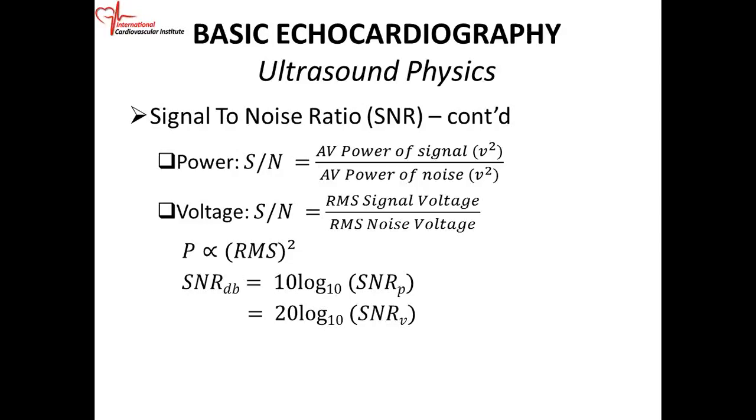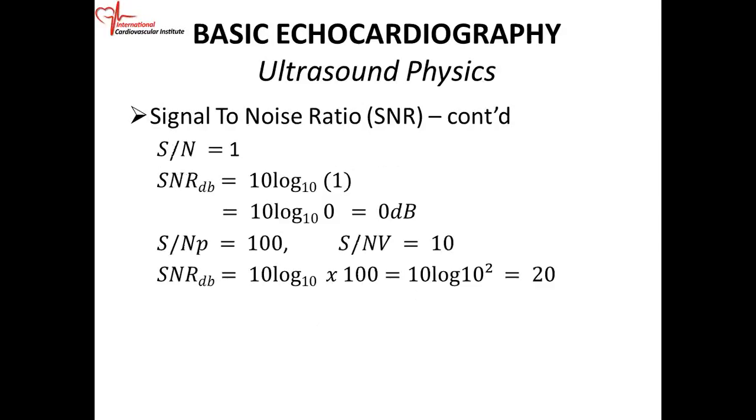If you use the voltage, use a root mean square voltage. You don't have to know the mathematics, but you can use power or voltage to get the signal to noise ratio. It's measured in decibels. So when you look at the ultrasound machine and you see 10 decibels or whatever signal to noise ratio, you can adjust that.